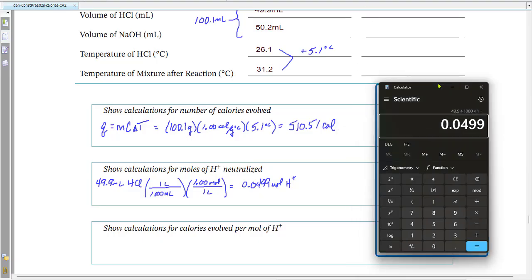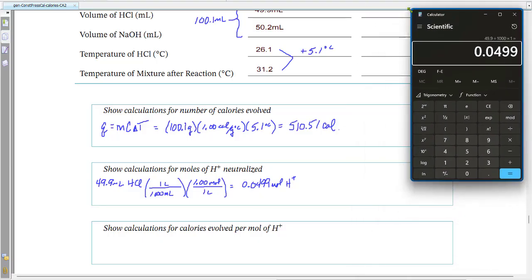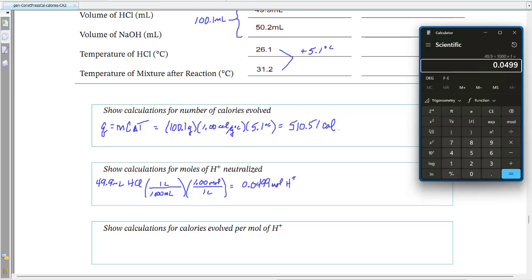Now, lastly, let's move him over there for a minute and make him a little smaller. All right, lastly, calories evolved per mole. Well, listen to what that's telling us. So we want delta H of neutralization. So delta H is always just Q normalized by something. So here's Q of the reaction.